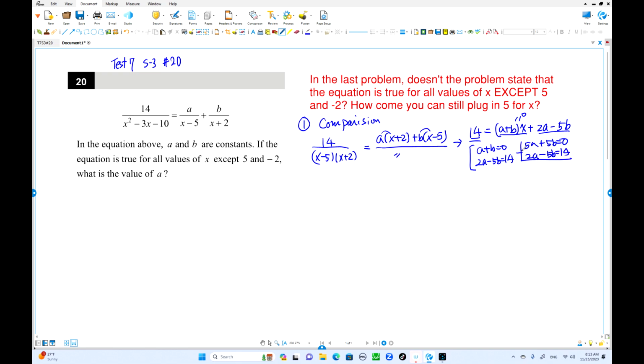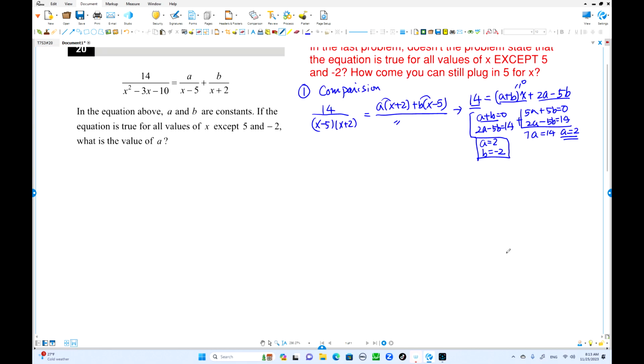Use the addition: 7a equals 14. a equals 2. Okay? After that, you can find the value of b. a is 2, b is negative 2. That's the solution. But this method is good.